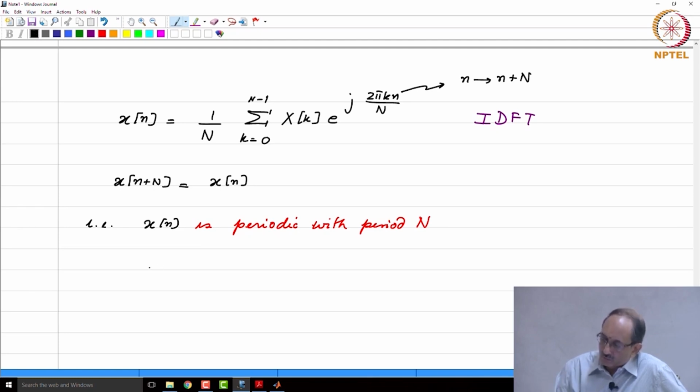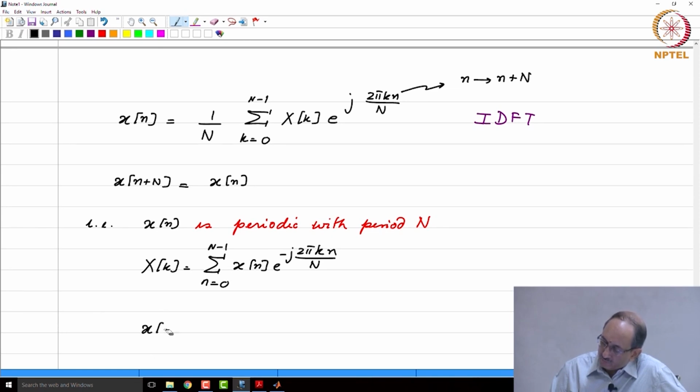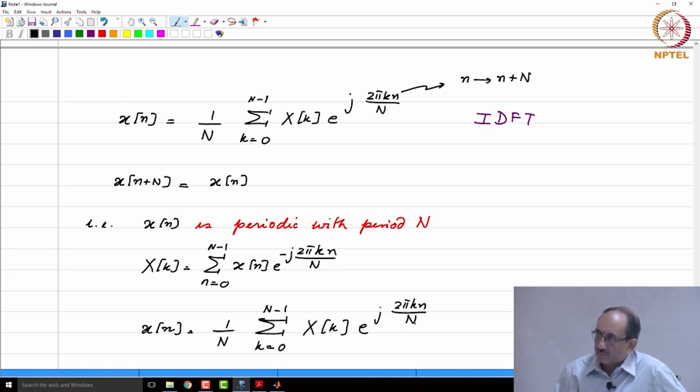Therefore, just to summarize, we have X of k is the sum over n going from 0 to N minus 1 of x of n e to the minus j 2 pi k n by capital N, and x of n is 1 over N times the sum over k going from 0 to N minus 1 of X of k e to the j 2 pi k n by capital N. So, these are the DFT and the IDFT relationship.